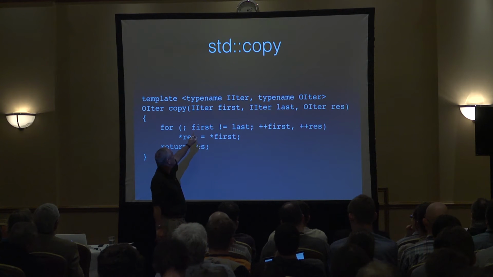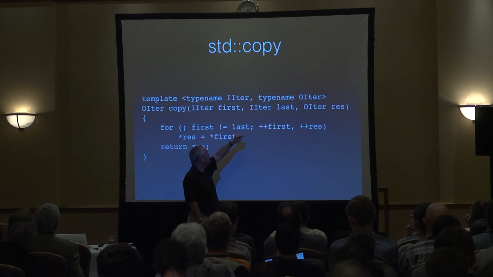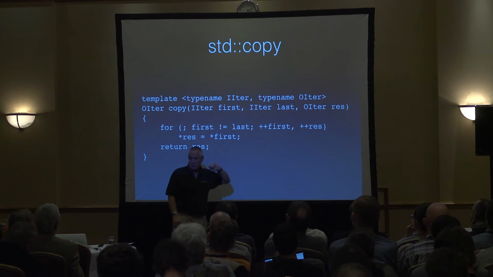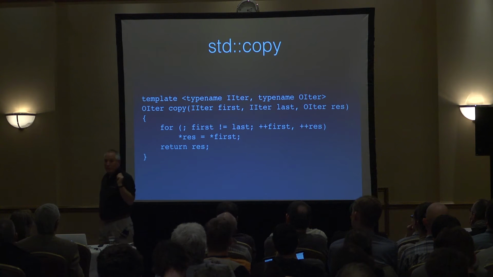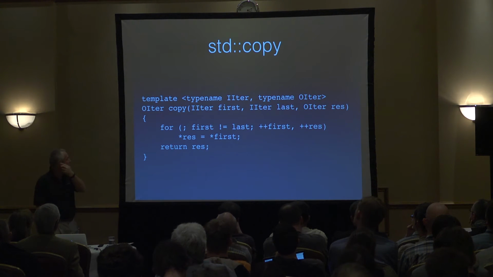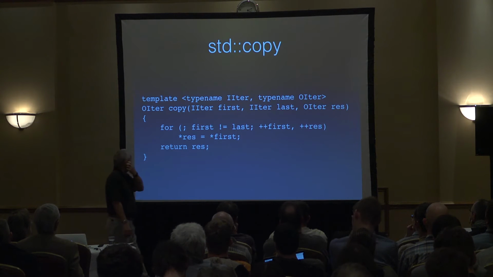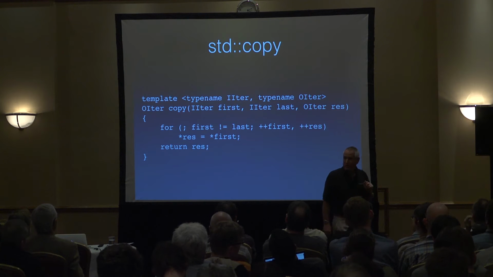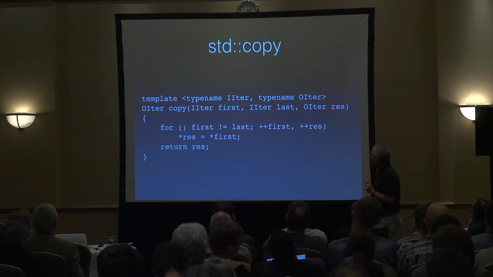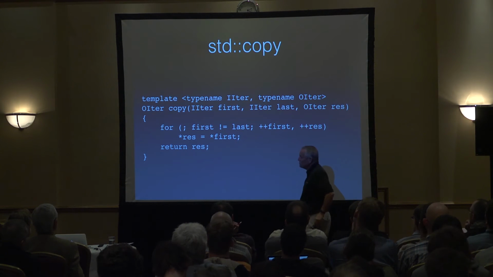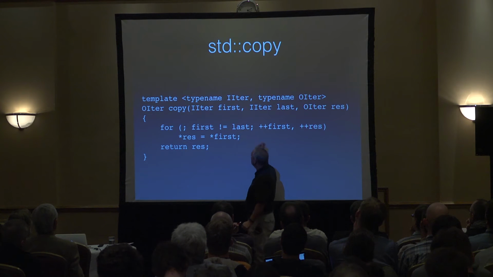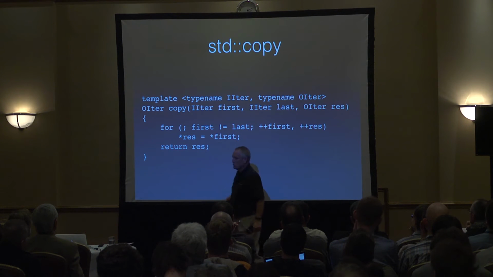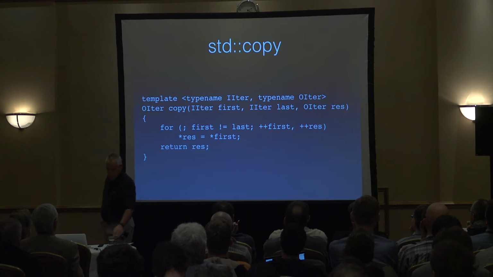It takes 2 iterators of the first type, which I've called Iter here because that's shorter than input iterator or whatever, and it makes it fit on the slide. And 1 of type OIter, which is shorter than output iterator, and basically copies the range from first to last to res, or out; I probably should have named it out.